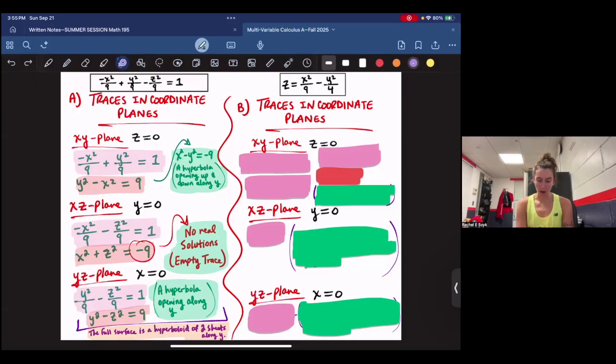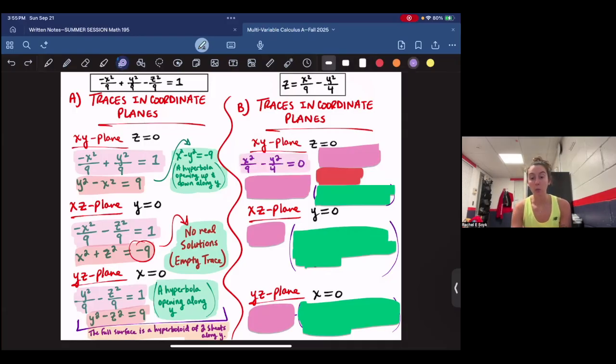Now let's look at our traces for z is equal to x squared over 9 minus y squared over 4. When z is equal to 0, what do we end up getting? We get x squared over 9 minus y squared over 4 is equal to 0.